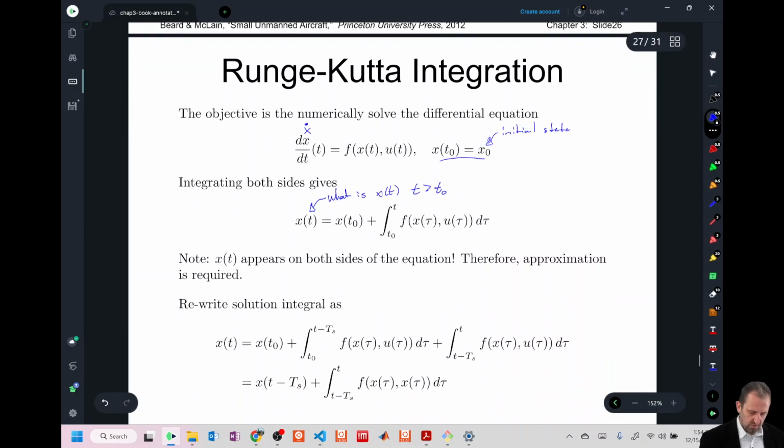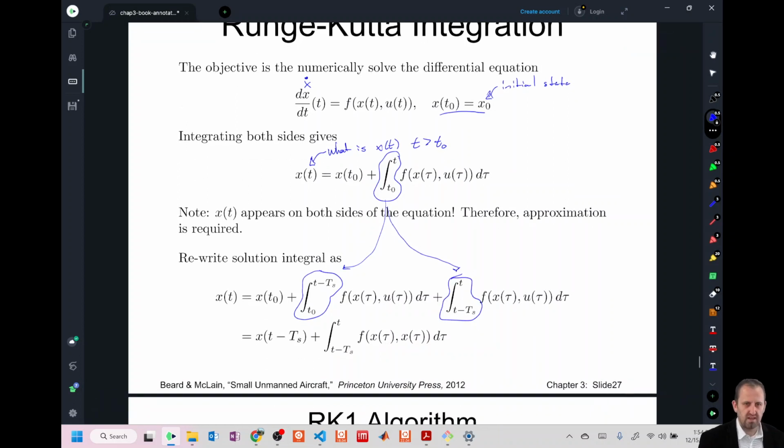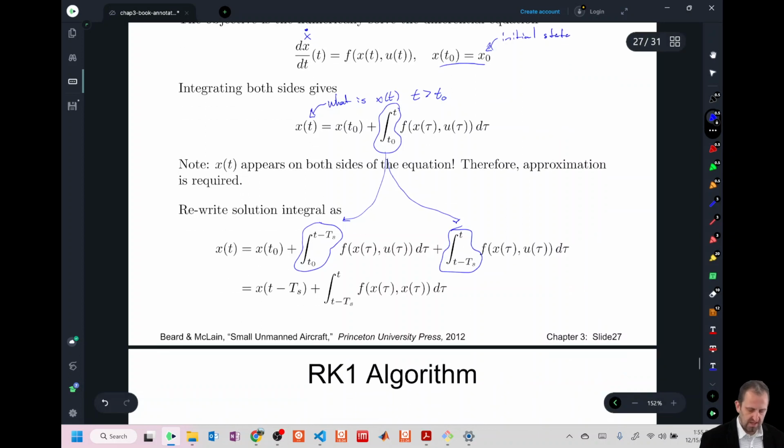What we're going to do is split up this integral into 2 different components, one from t naught to t minus ts, and 2 from t minus ts to the time that we care about. One thing to note here, this equation that I'm pointing at is the exact same equation as above. We've just split that integral up. The bottom equation looks fairly simple.